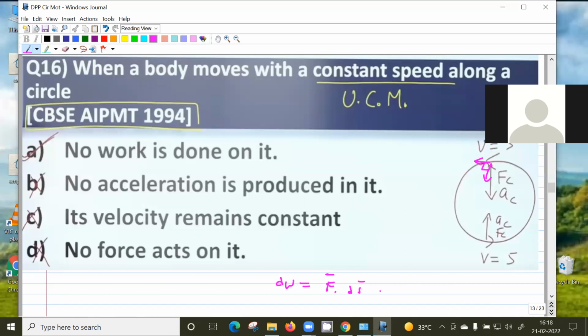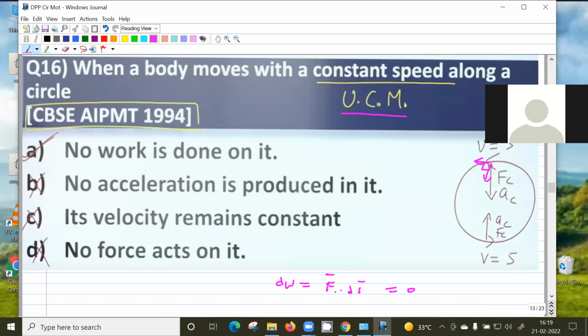The dot product of two perpendicular vectors is 0. If there were a tangential force, it would be non-zero. But because this is uniform circular motion, there is only radial force. But in non-uniform motion, it will be non-zero.